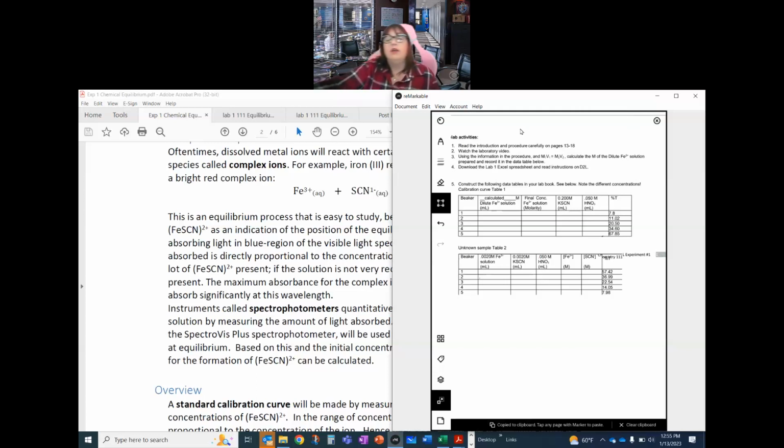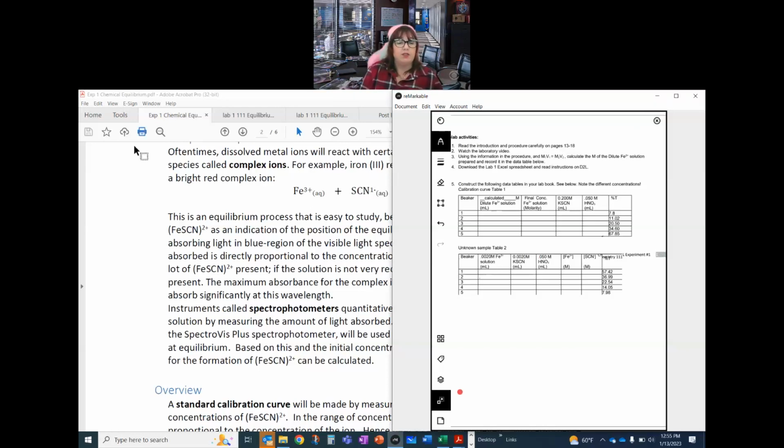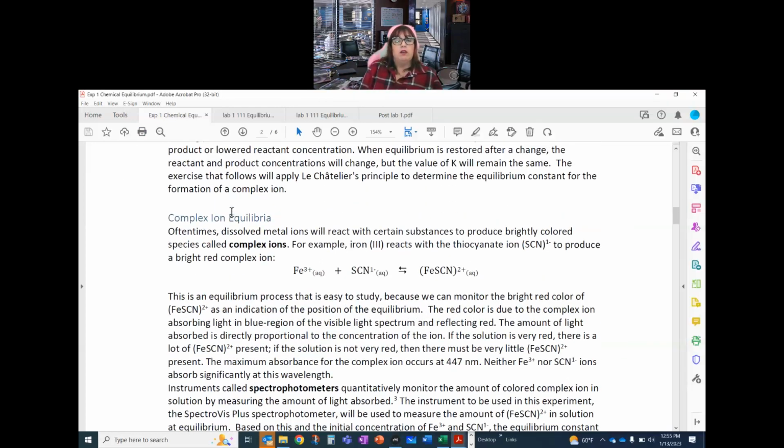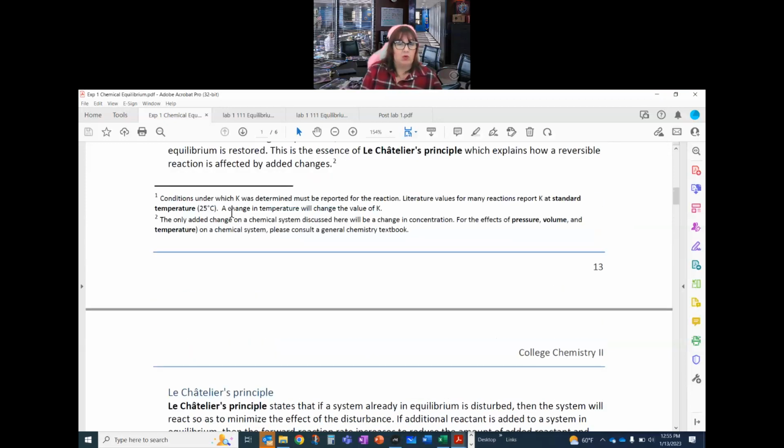Okay. So that's what we mean by it. It is based in the stoichiometry. Now, that expression is important.